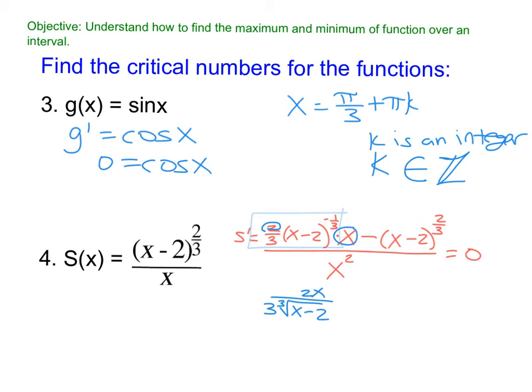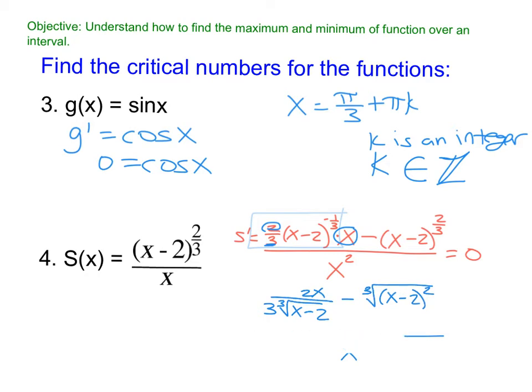The 3's on the bottom. Negative 1/3 is 3 on the bottom from this one, and then the cubed root of x minus 2, minus the cubed root of x minus 2 squared. And that's all over x squared. But I'm actually going to erase that.